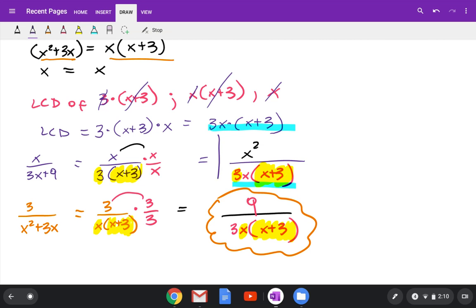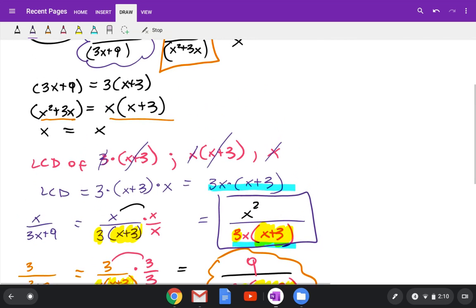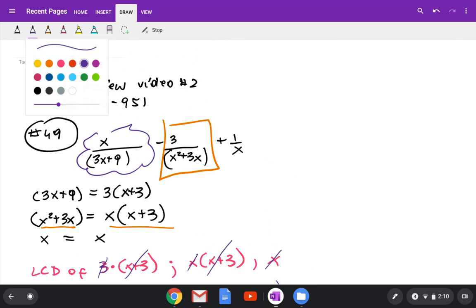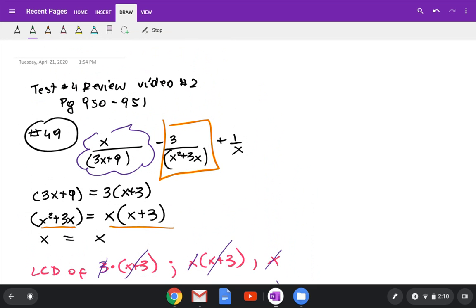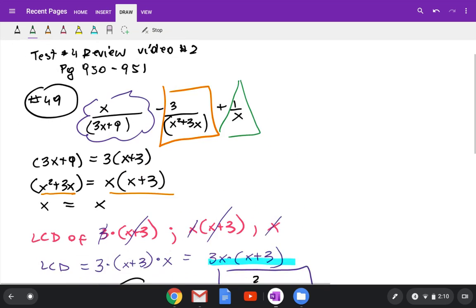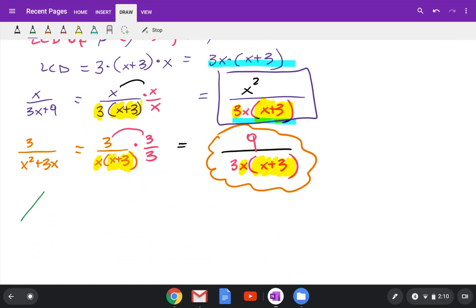Okay, that was the first one, equivalent fraction. And we need to convert 1 over x. I'll just put it that way. Convert that 1 over x to, again, I'm putting the shape so we can later easily go back to it, to an equivalent fraction, which has the LCD as a denominator, which means 3x times x plus 3. Okay, so we have x, and that's it.